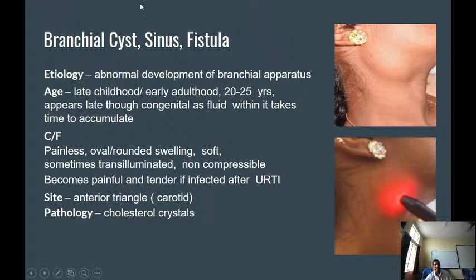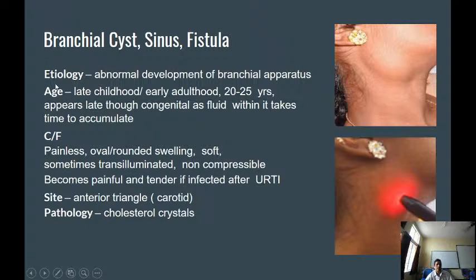Then we come to branchial cyst and sinus and fistula. A cyst is nothing but a cavity, lined and filled with cystic fluid, and a sinus is a deep ulcer, and a fistula is a communication between one cavity and another cavity, or one cavity and the exterior.